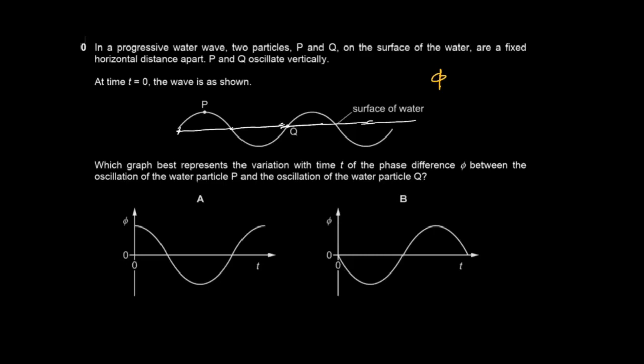For the phase difference, we know that the phase difference is equal to 2 pi upon lambda into the path difference, delta x. So this is the delta x.